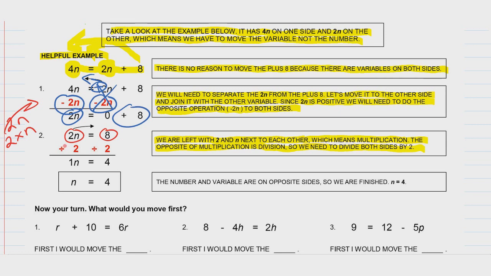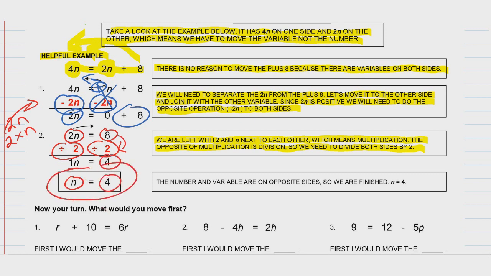So we're going to divide both sides by 2 because we're doing the opposite operation, and 2 divided by 2 gives you 1. But remember, any number times 1 is itself. So 1 times n will give you n, and 8 divided by 2 will give us 4, so we end up with n equals 4.